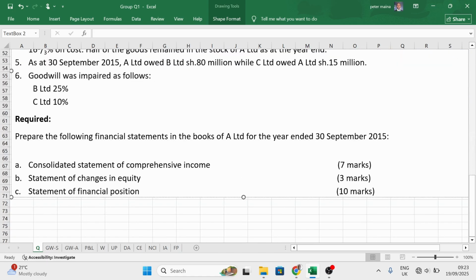If you go to the required part, we are required to prepare statements for the year ended 30th September 2015. So if the year is ending on 30th September 2015, it means it began on 1st October 2014. That was the beginning of the current financial year.